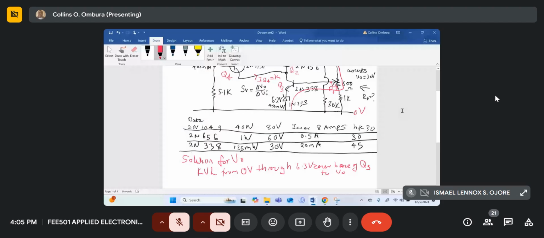So if we do that, I'll get that 6.2 volts.